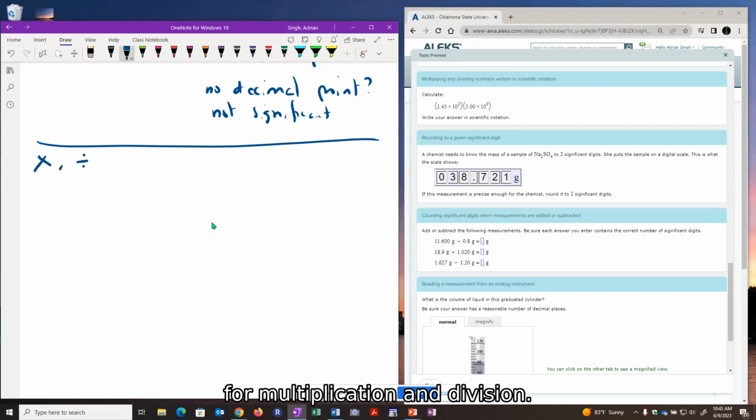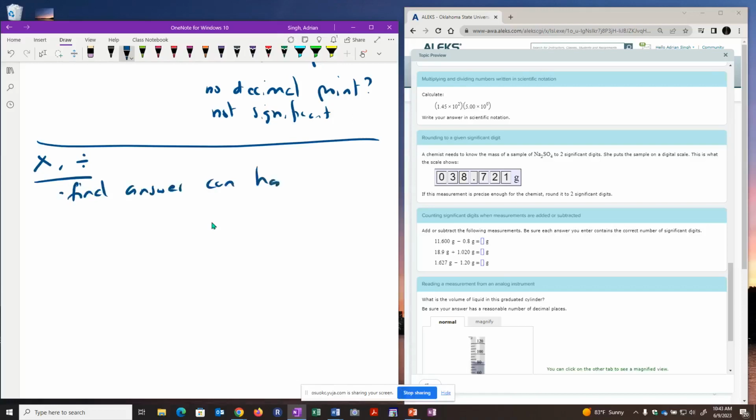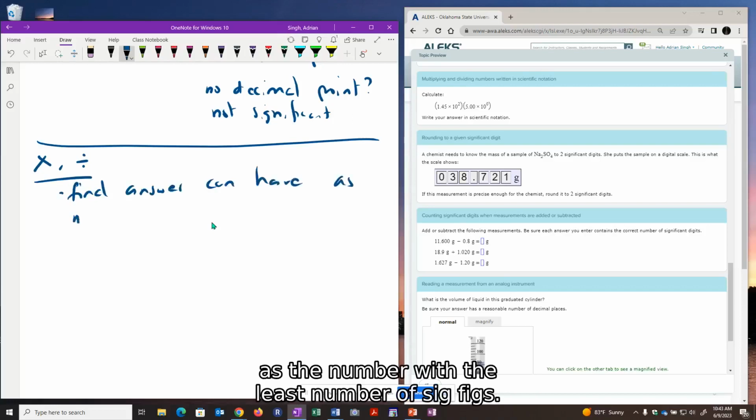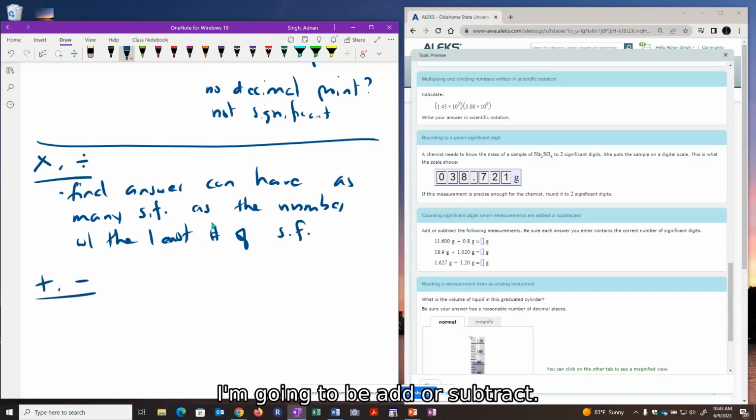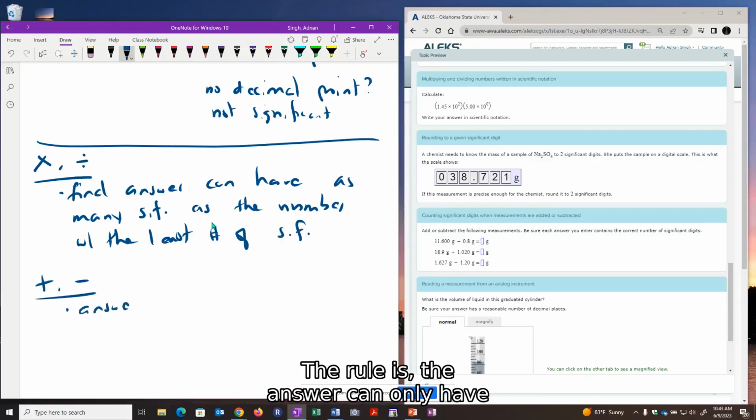Multiplication and division, the rule is the final answer can only have as many sig figs as the number with the least number of sig figs. And when we add or subtract, the rule is the answer can only have as many decimal places.